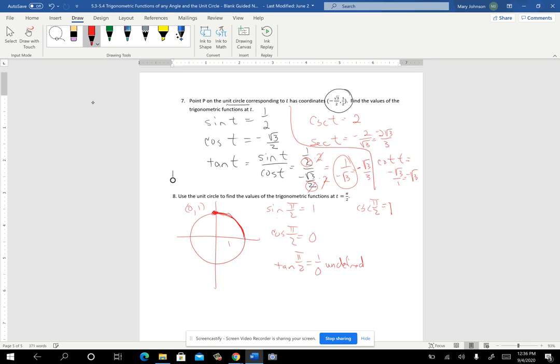That's still 1. Secant is the reciprocal of cosine, which would be 1 over 0, which is undefined. And then cotangent is the reciprocal of tangent. So that would equal 0 over 1. So that equals 0, really. Okay. And there you have it.